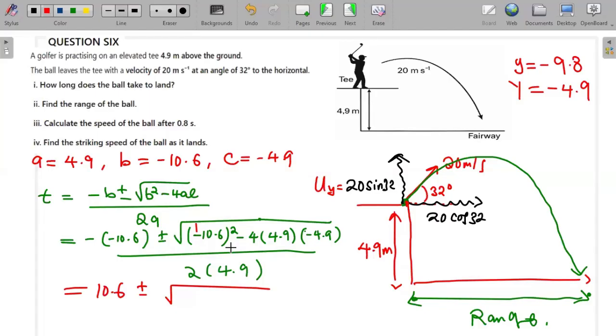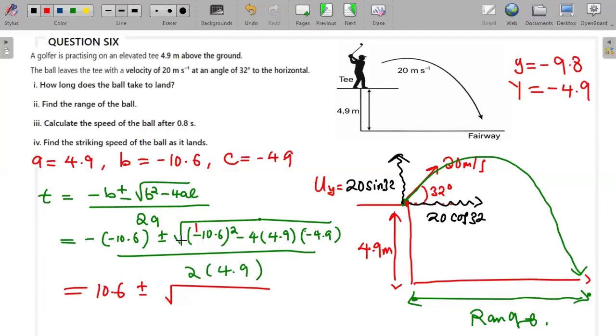So under the root there, I have minus 10.6 squared, and then I say minus 4, and then in the brackets, I have 4.9, and then in the other brackets, I have minus 4.9. Okay, so the answer that I get, and then I get the square root.